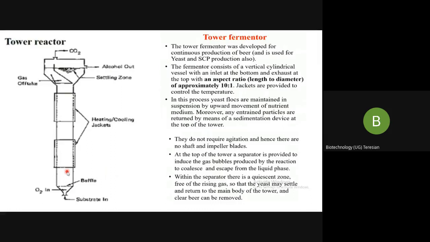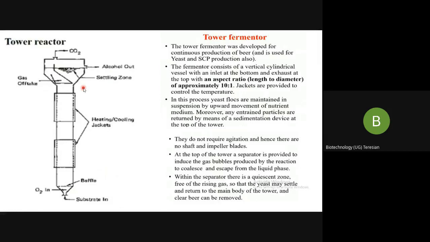An inlet is present at the bottom, whereas an outlet is present at the top.